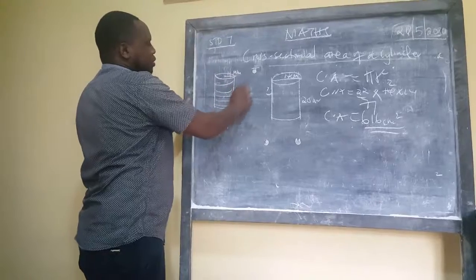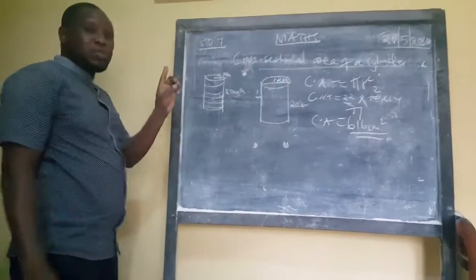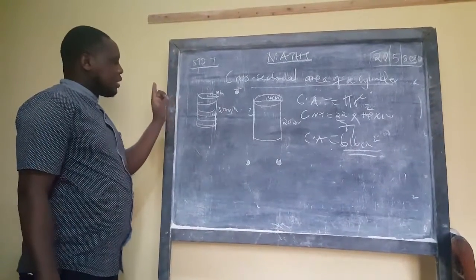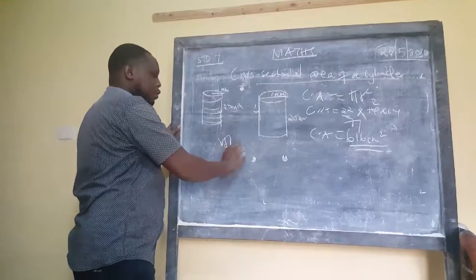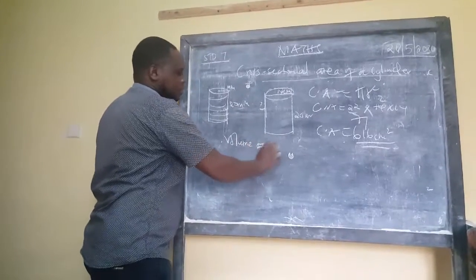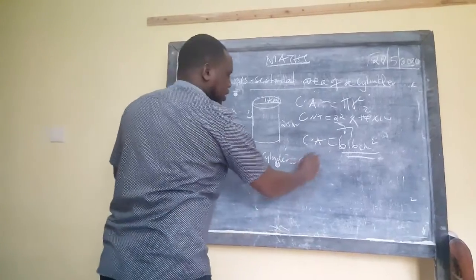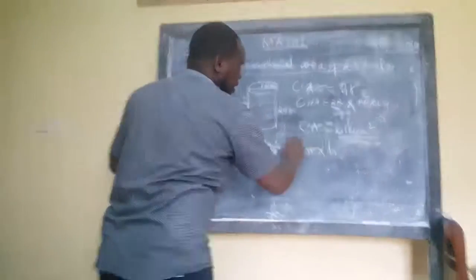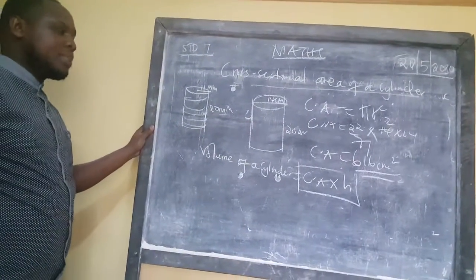That gave us 20 millimeters as length. For us to be able to get the volume, how do we get volume of a cylinder? We get cross-sectional area times the height. Simple as that. Cross-sectional area times height.